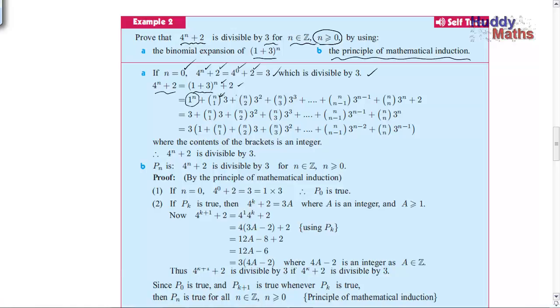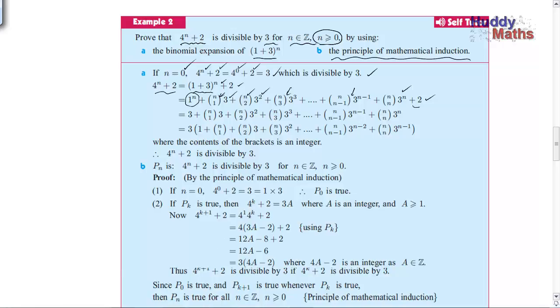Then it's C(n,1), 1 to the n take 1 and 3 to the 1. Then it's C(n,2), 1 to the n take 2 and 3 to the 2. The 1s don't appear in here because 1 to any power is 1. So you put all those terms down and you've still got the plus 2 on the end.